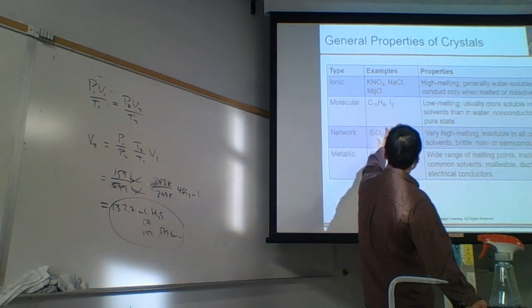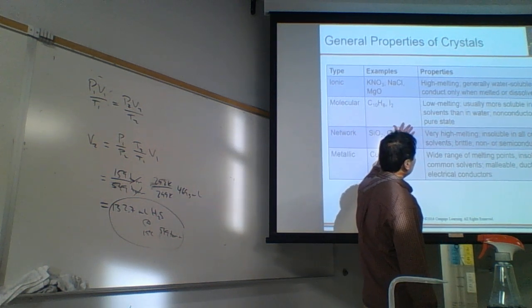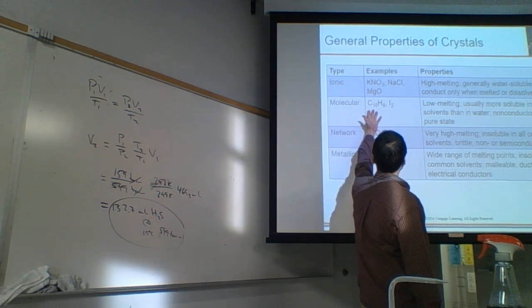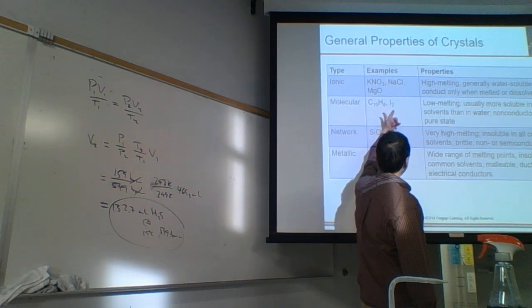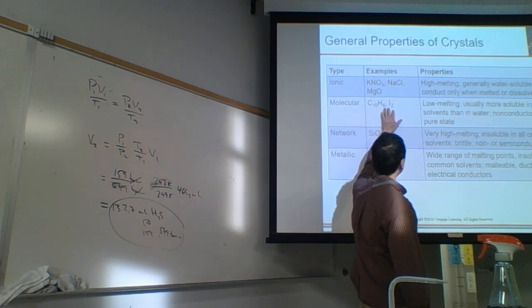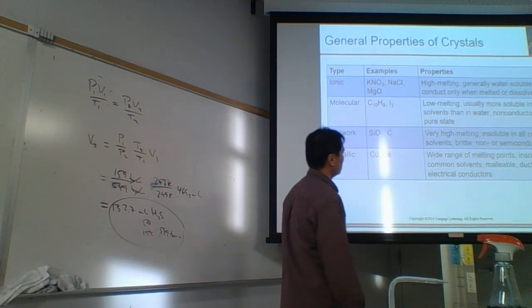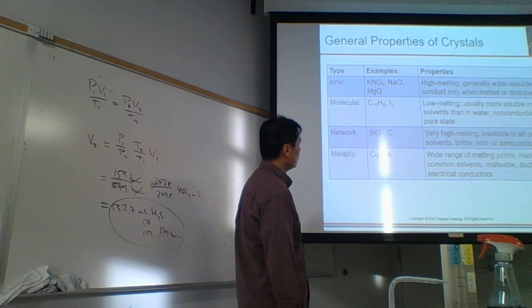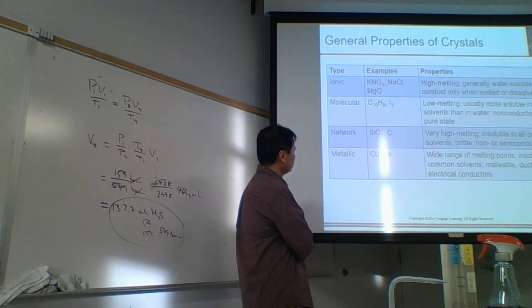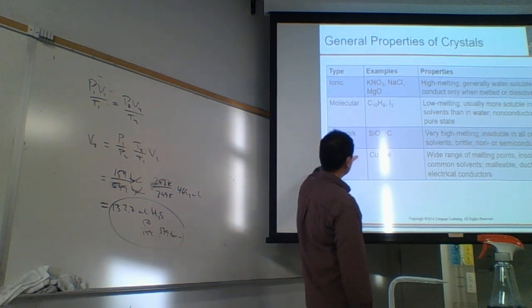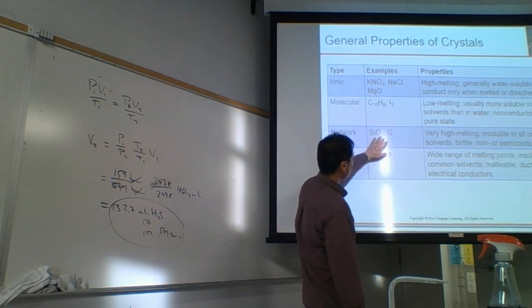The solubility depends if they're polar or non-polar. If the solid is made up of non-polar molecules like iodine, then it likes non-polar solvents. If it's made up of polar, then it likes polar. So solubility depends.